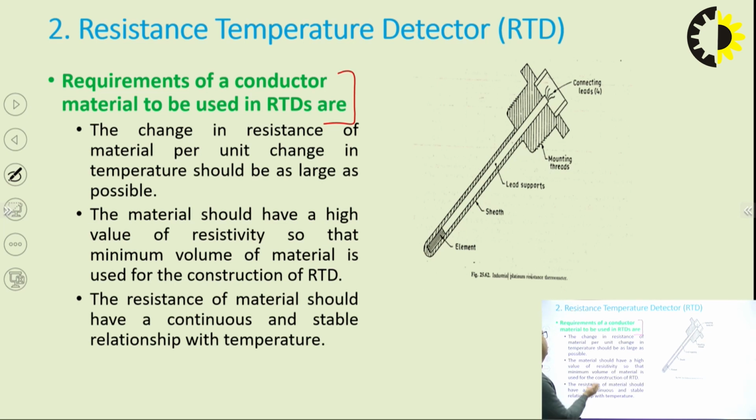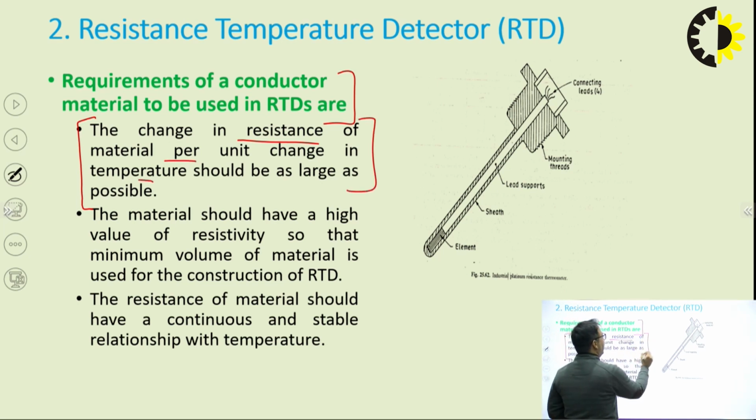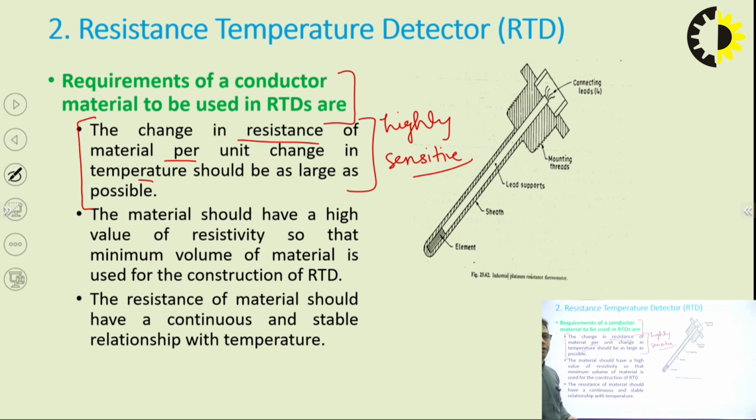First of all, obviously, the change in resistance per unit change in temperature should be as high as possible. Only then it would make that RTD highly sensitive, because our main objective is to get the change in the resistance. If temperature is increasing but we are not getting any change in resistance, there is no use of that particular metal. So that change should be as high as possible.